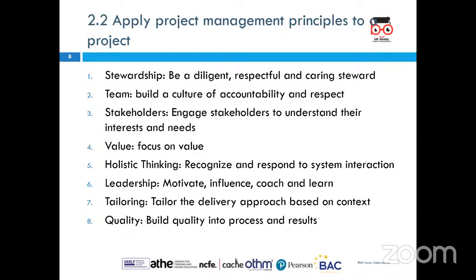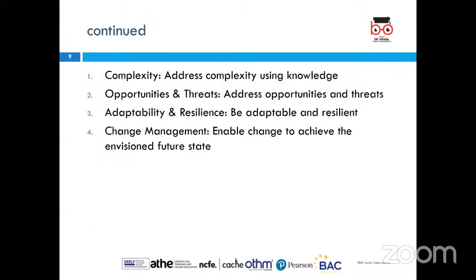Leadership, where we motivate, influence, coach, and learn. Tailoring, where we tailor the delivery approach based on the context. And conclusively, quality, where we build quality into the process and results.